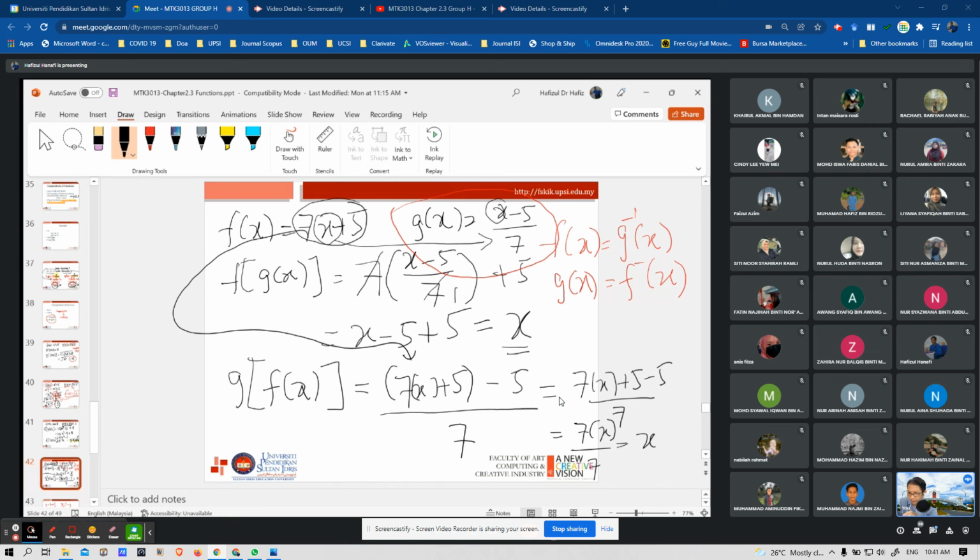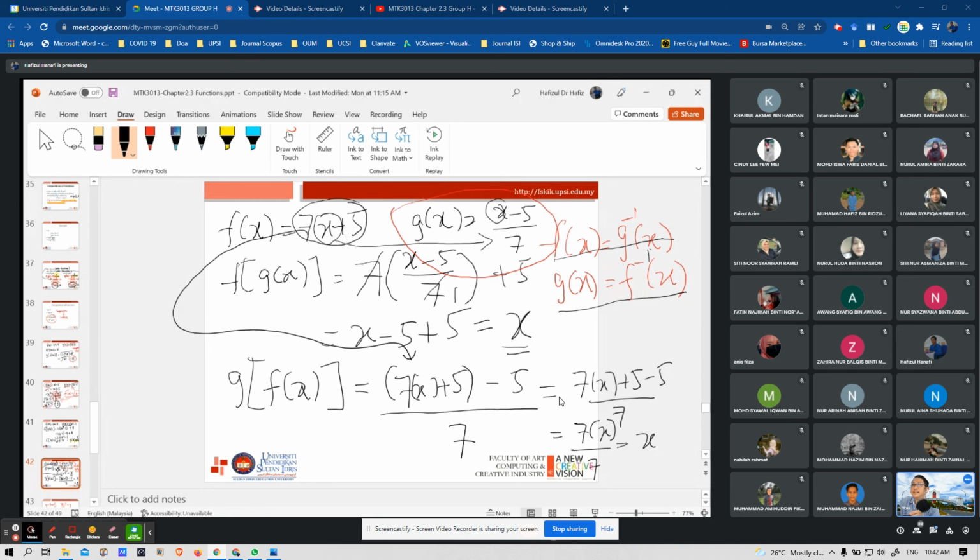And then if you have f(x) is 7x plus 5, and g(x) is equal to x minus 5 divided by 7, if you replace the values, you can find out that f(x) is invertible, and g(x) is equal to the inverse of f(x).